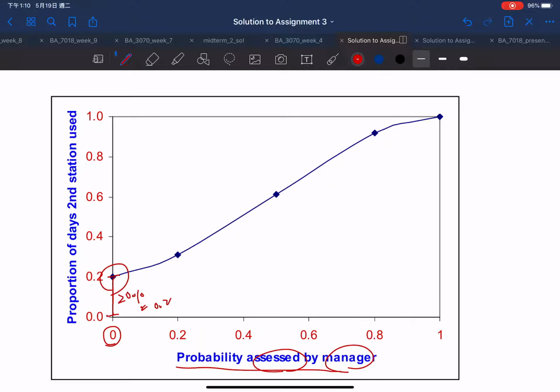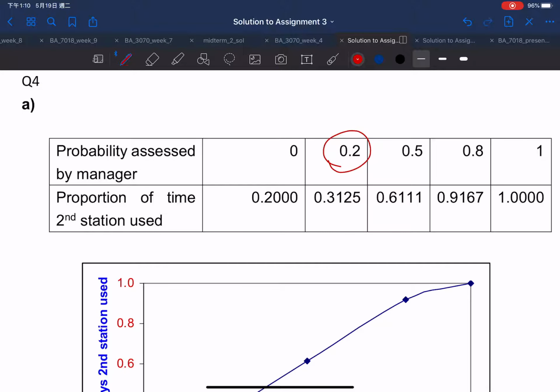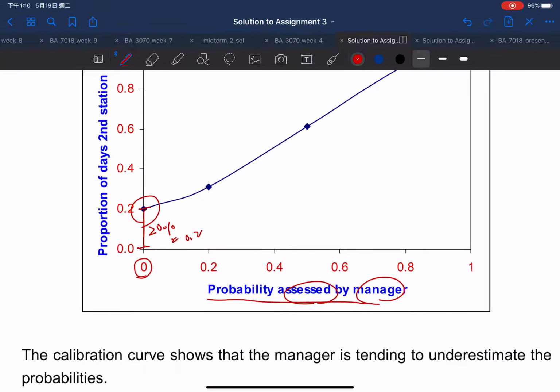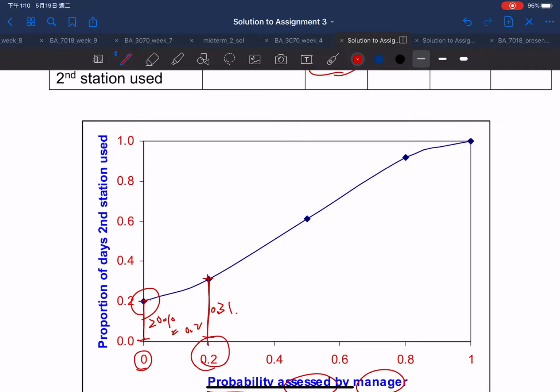And then when the prediction is 0.2, the actual probability is about 30%. So 20% and the height here is 30%, something like that. And then the other 3 dots are drawn accordingly.